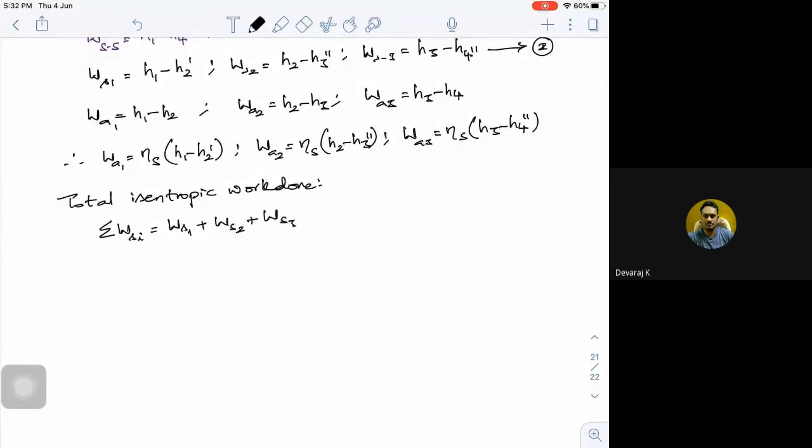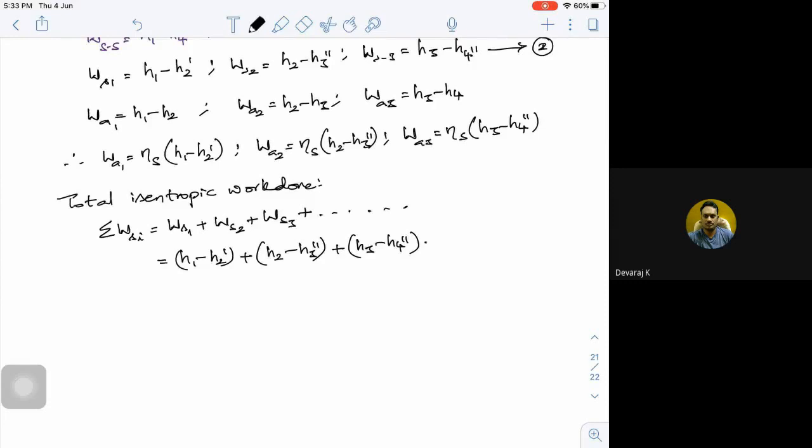If I have more, I can simply add up all the stages. So what are those actually? This is H1 minus H2 dash plus H2 minus H3 double dash plus H3 minus H4 double dash and so on.